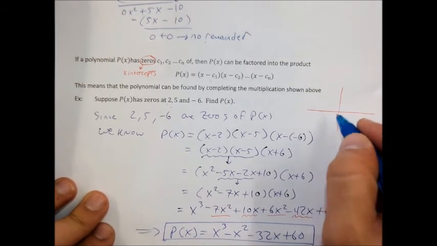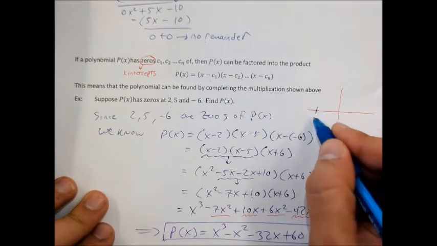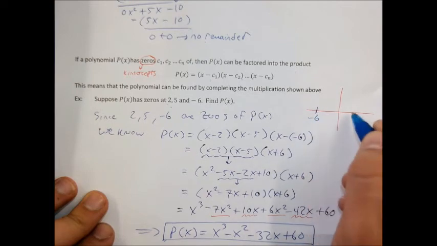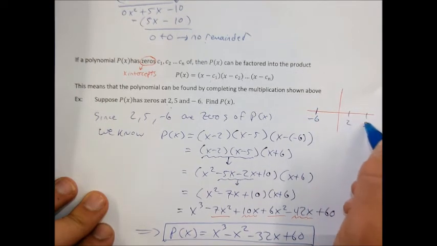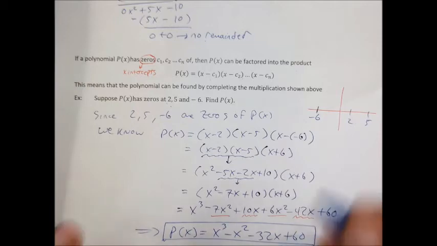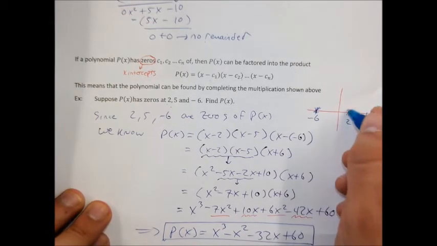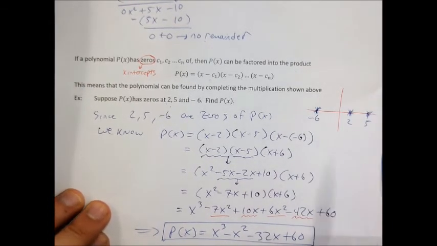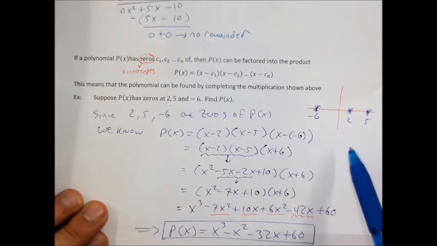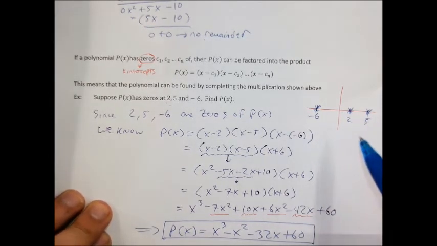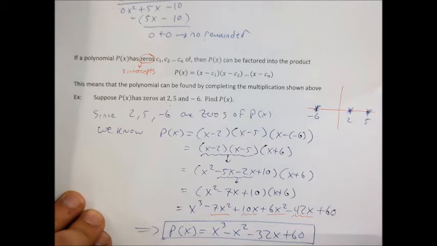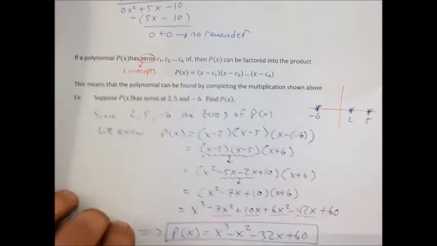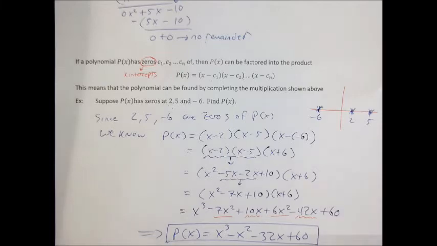But the point is, I know that it crosses at minus 6, it crosses at 2, and it crosses at 5, right? It's going to go through those 3 points. And so if you're given a graph, you can just look at the graph and see the points, and then do the same thing. And that's what the next page is. And so this is the slightly less complicated version, and the next page is only a tiny bit more complicated version. So let's look at that page.